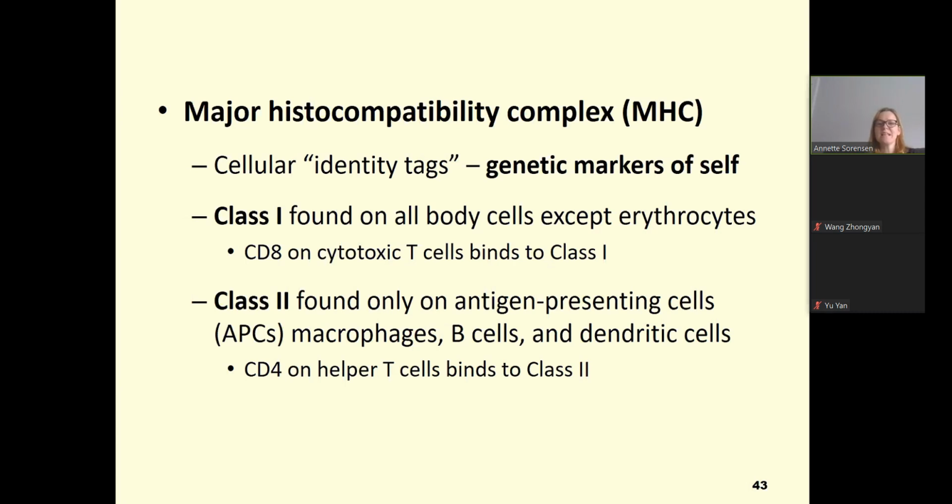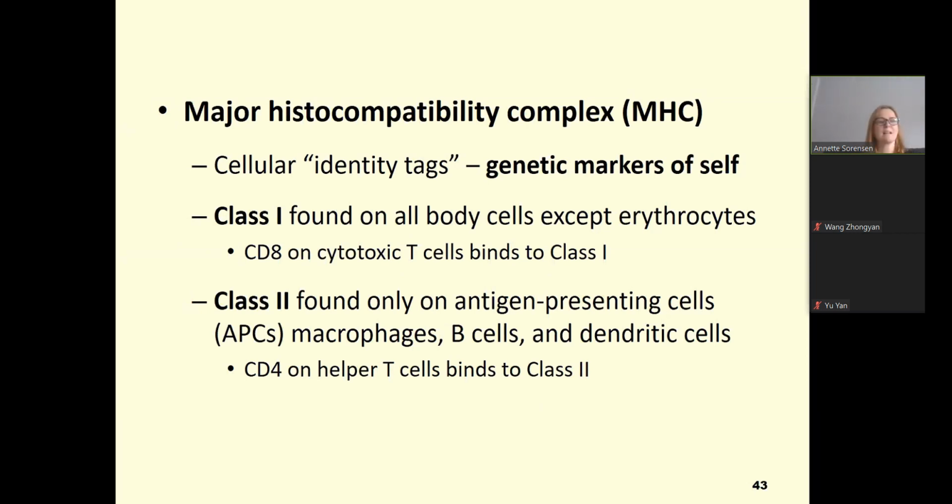Now, the MHC can be complexed with antigen, and that is how an immune cell knows that there is something wrong with this cell, because it's not expressing the normal MHC1 tag. Now, there is another class of MHC, and that is MHC class 2.